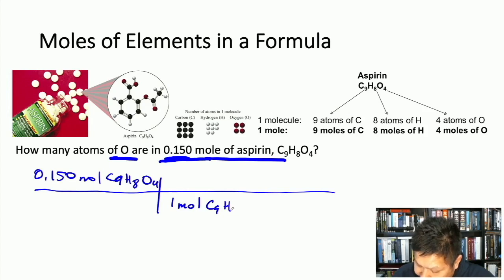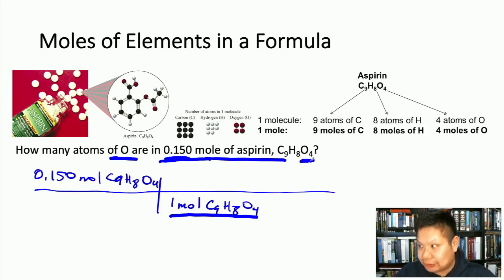So we have to cancel out aspirin. How do we do that? We start out by putting 1 mole at the bottom of aspirin. And so for every 1 mole of aspirin, how many moles of oxygen do we have? Well, the formula says 4. So that's what we put up here, 4 moles of oxygen.